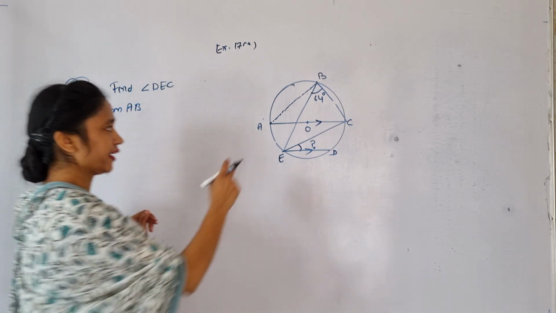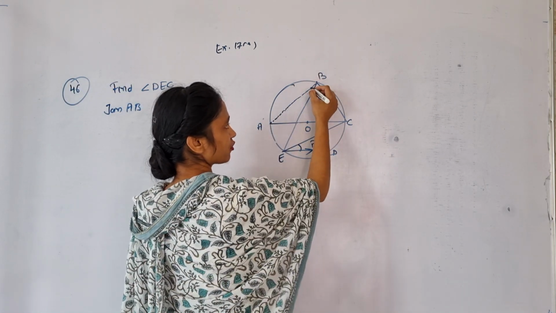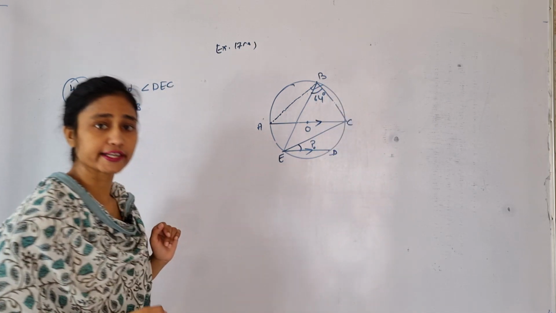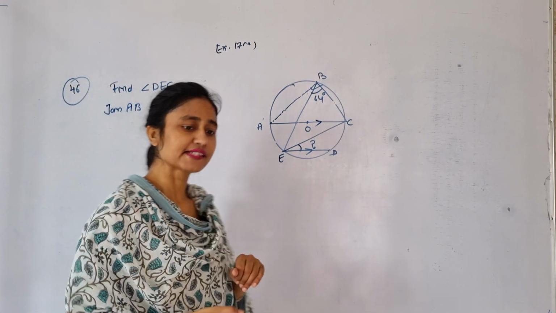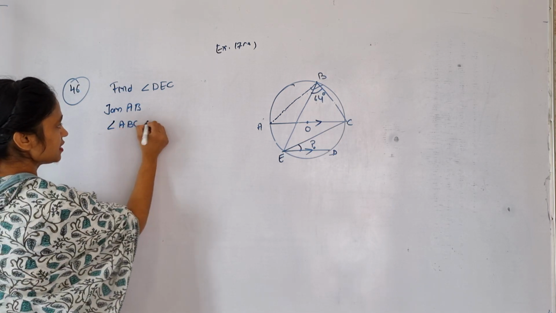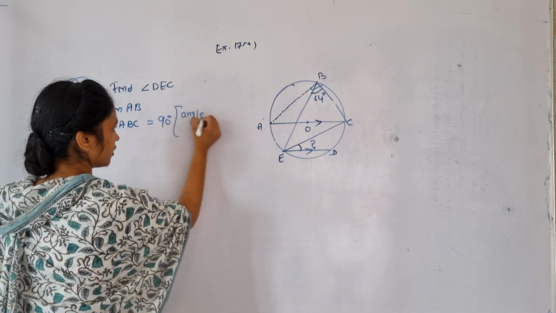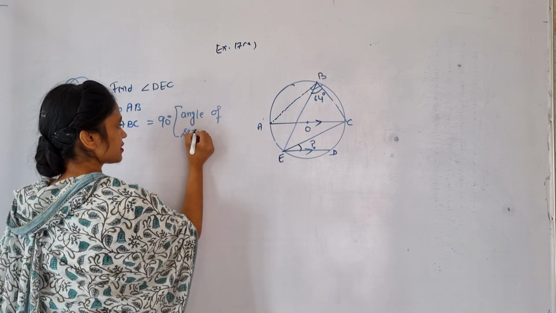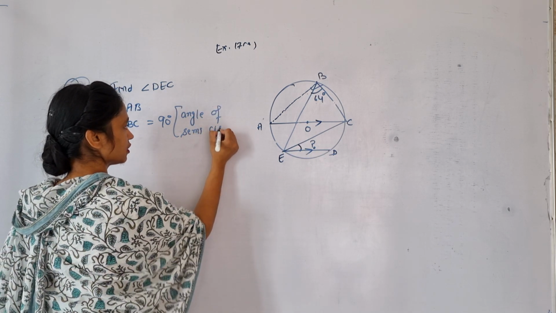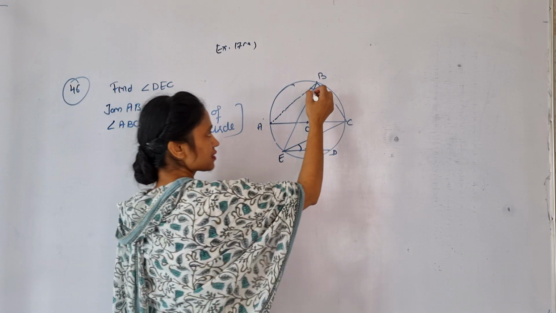If you have joined AB, then this full angle ABC will be of 90 degree because angle of the semicircle. Therefore angle ABC is equal to 90 degree, angle of semicircle.